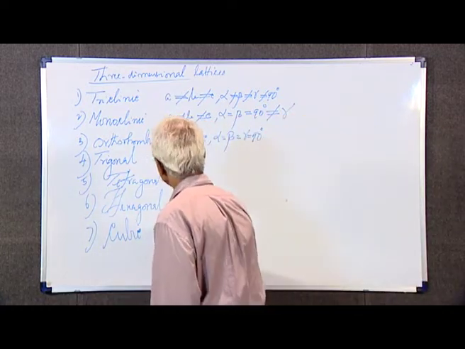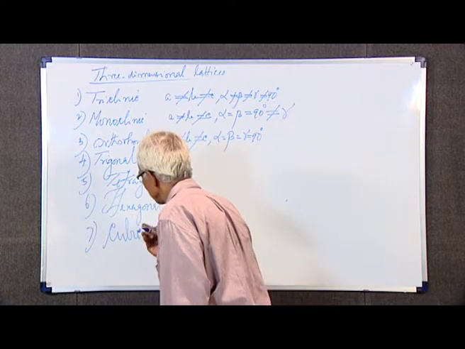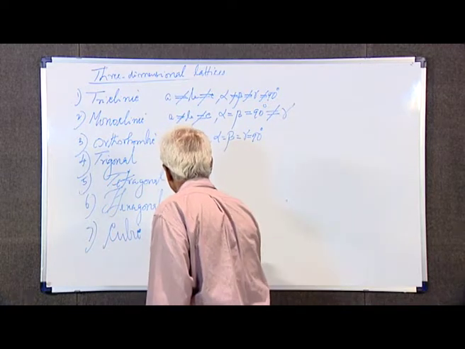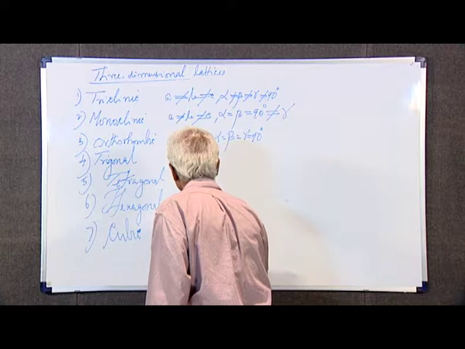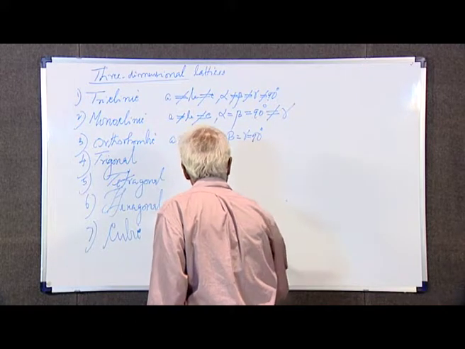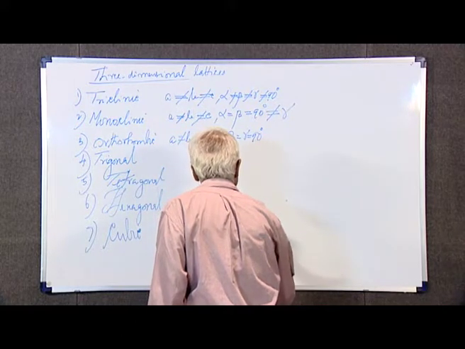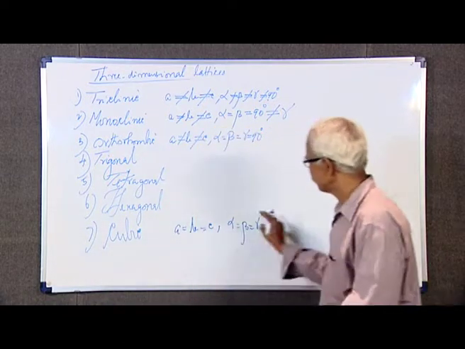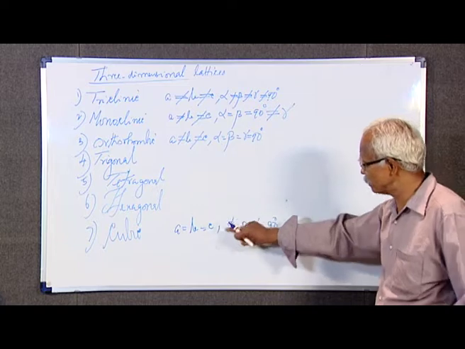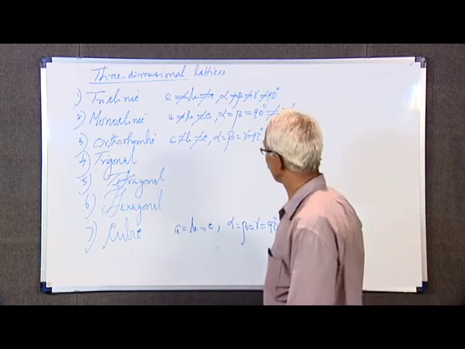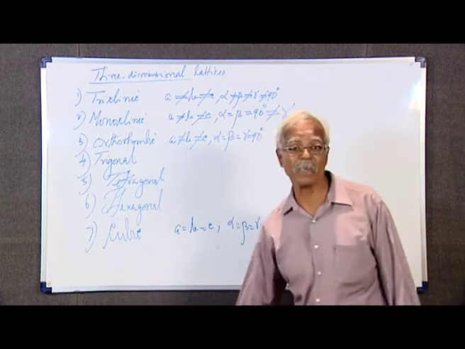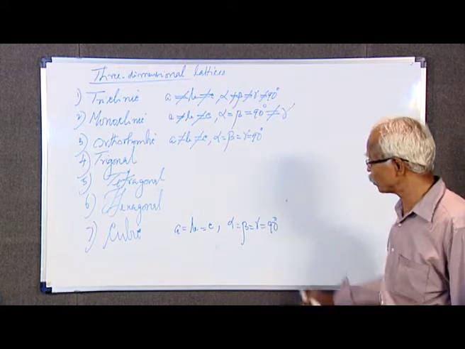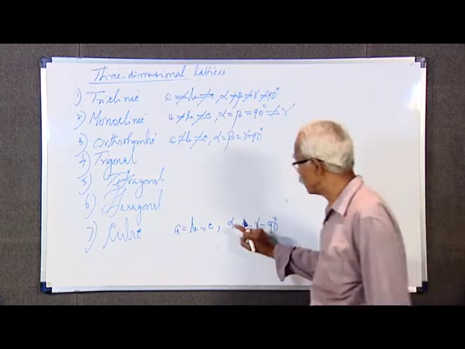Now, again cubic, I will take this up now. Cubic: A equal to B equal to C, alpha equal to beta equal to gamma equal to 90 degrees. See, this is the most symmetric figure.